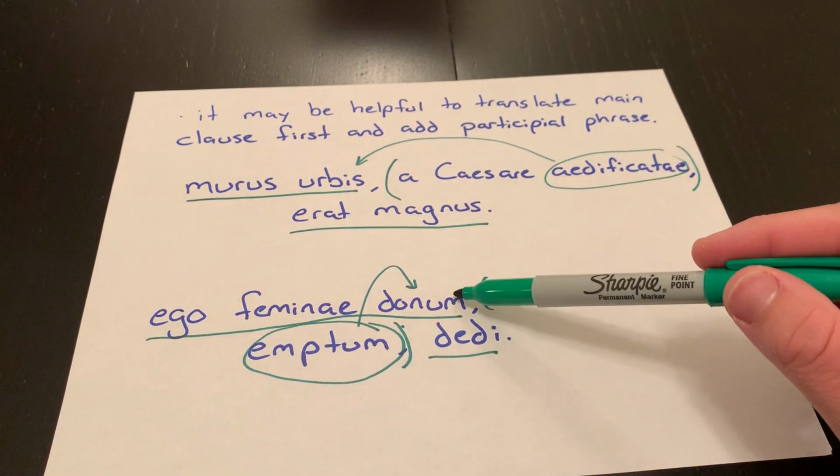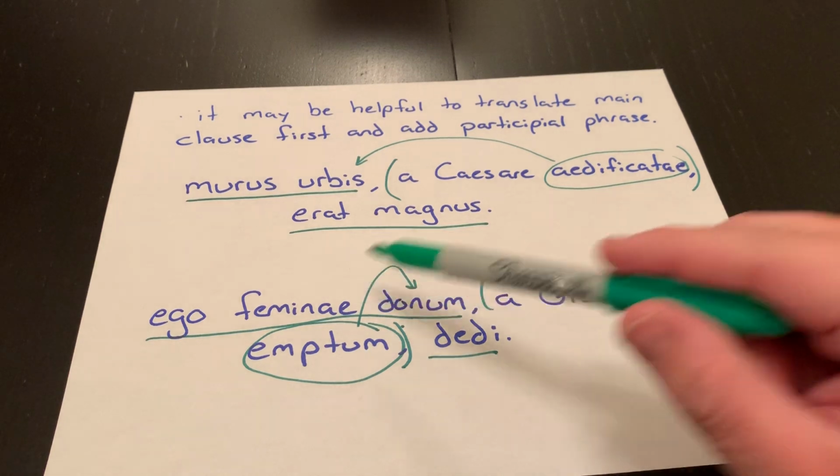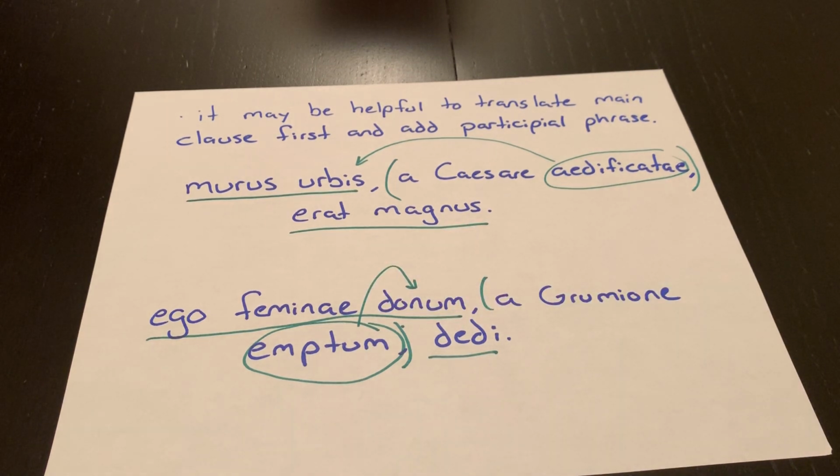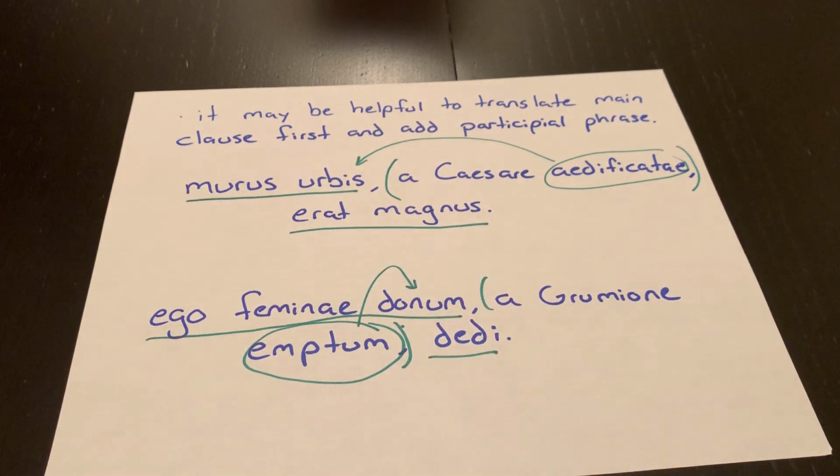I gave a gift bought by Grumio to the woman. So sometimes you have to insert that participial phrase in the middle of a sentence. And translating your main clause first and then adding the participial phrase after the antecedent can help you do that correctly.